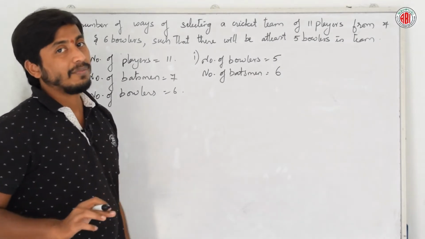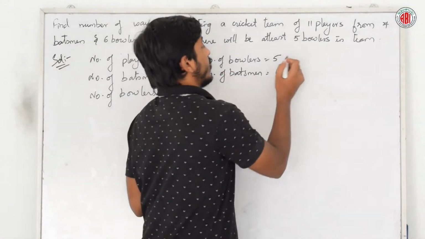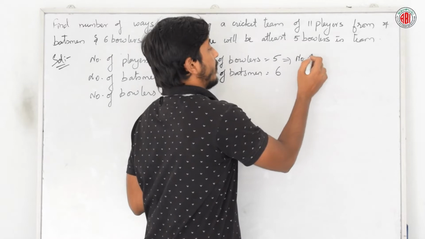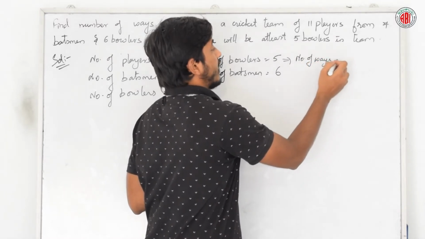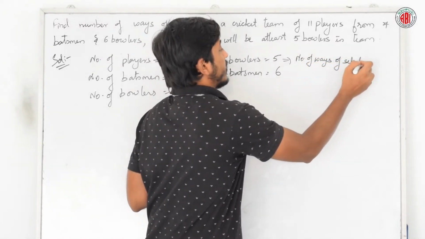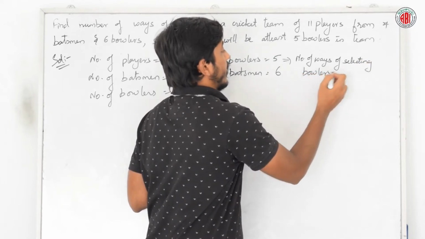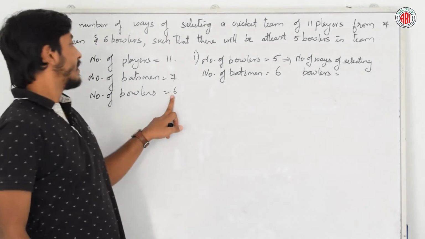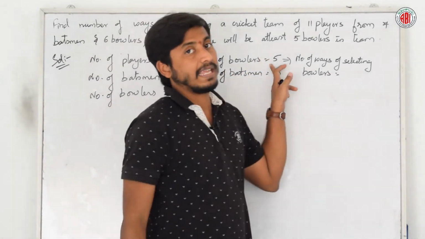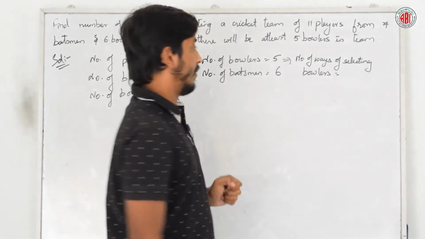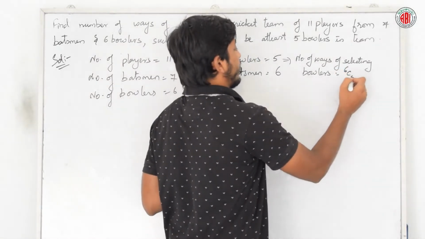So what is the number of ways in selecting bowlers? Total there are 6 bowlers, out of which we have to select 5. So it will be 6C5.